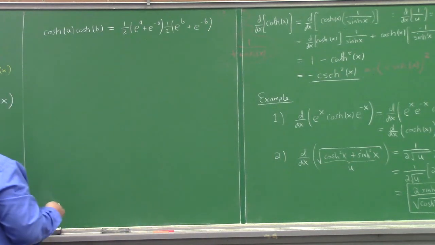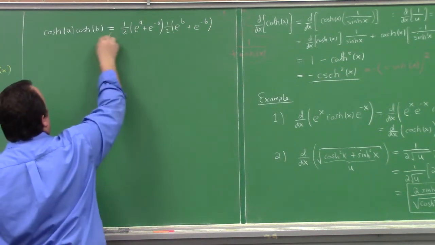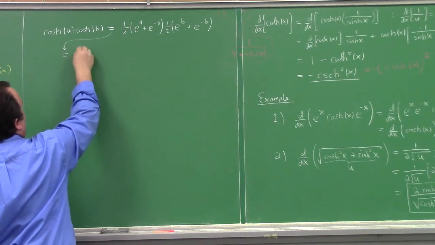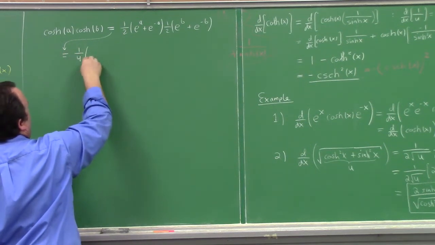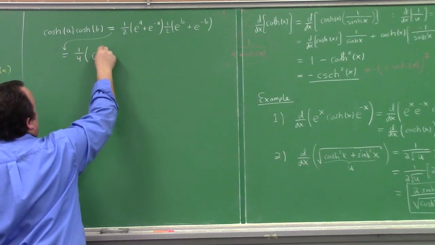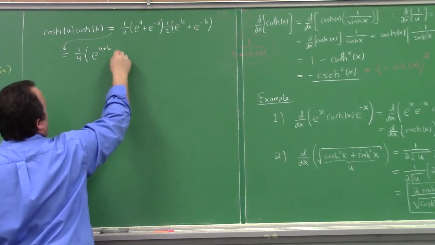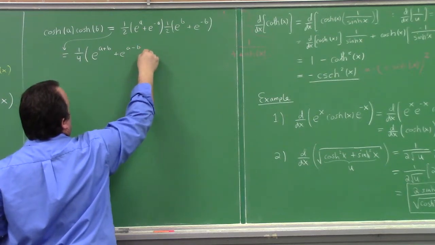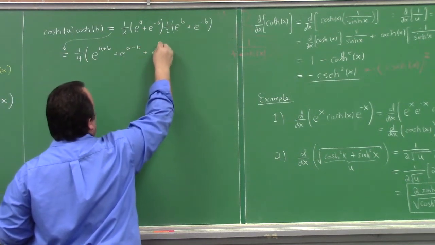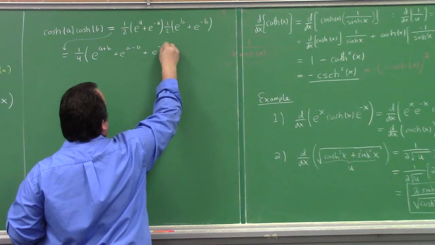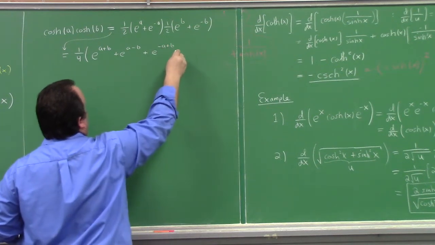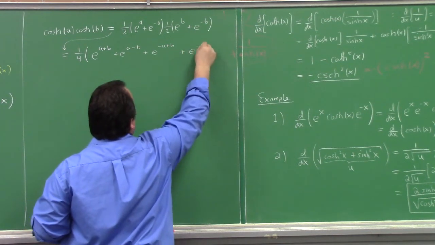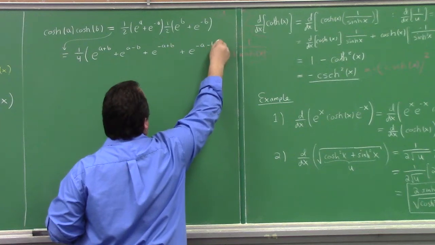Do the algebra, what do you get? We get e to the a plus b plus e to the a minus b plus e to the minus a plus b plus e to the minus a minus b.